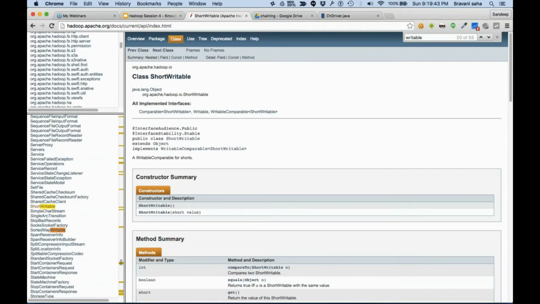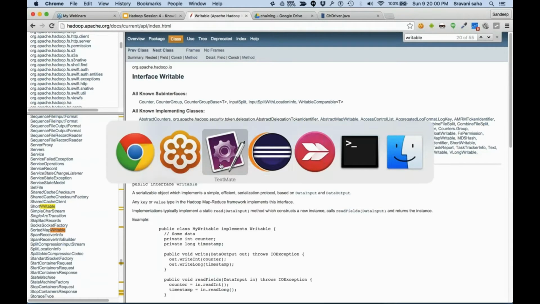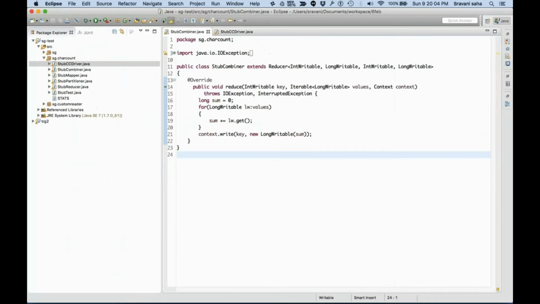For example, you have ShortWritable, and it's extending Writable. You can see there are so many different kinds of writables available. Anything that gets transferred over the wire in Hadoop is actually a Writable.